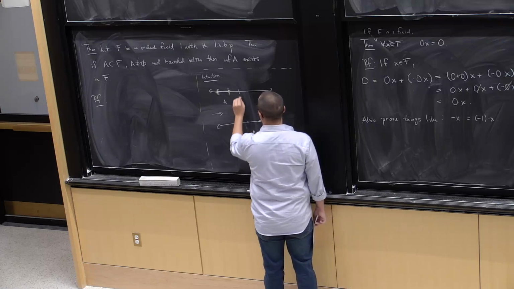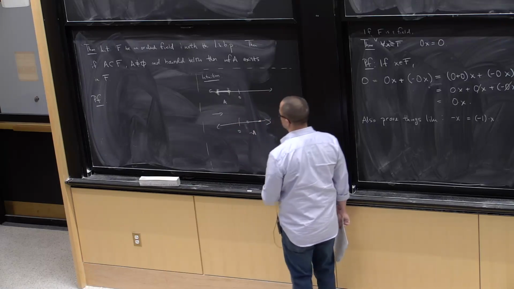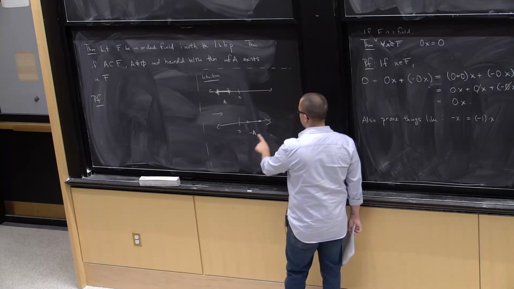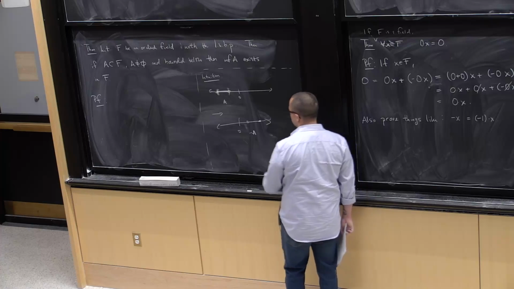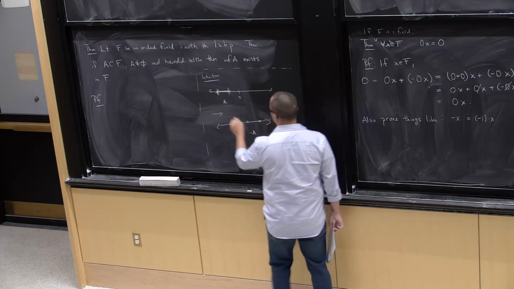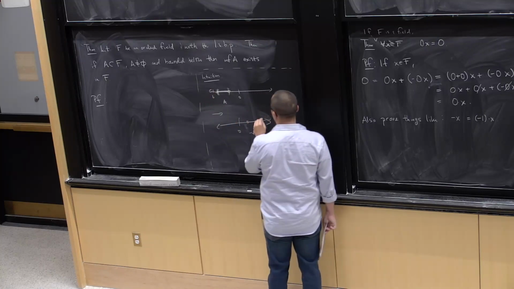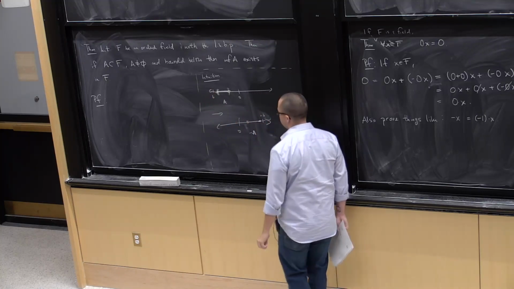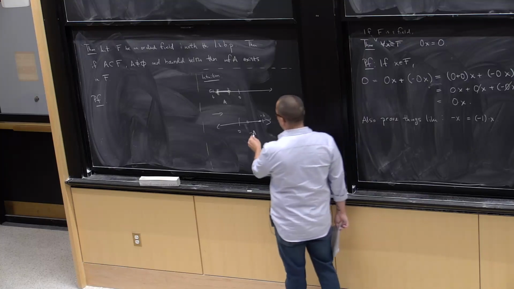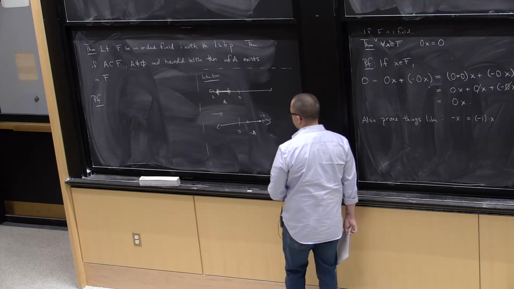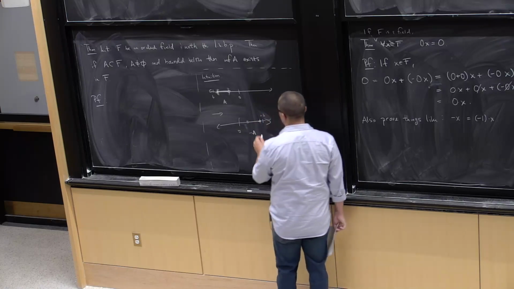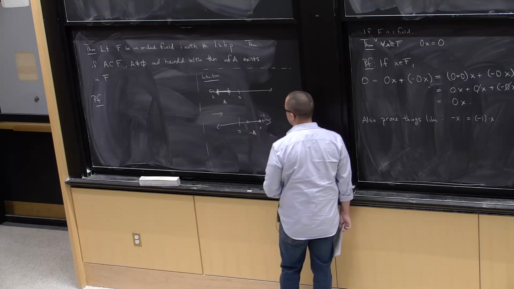so here I'm drawing 0. If I look at minus A, which is the set of the additive inverses of elements of A, I now have a set which is bounded above. So if B is a lower bound for A, then minus B will be an upper bound for minus A. And therefore, minus A has a least upper bound, which in this picture looks like x.